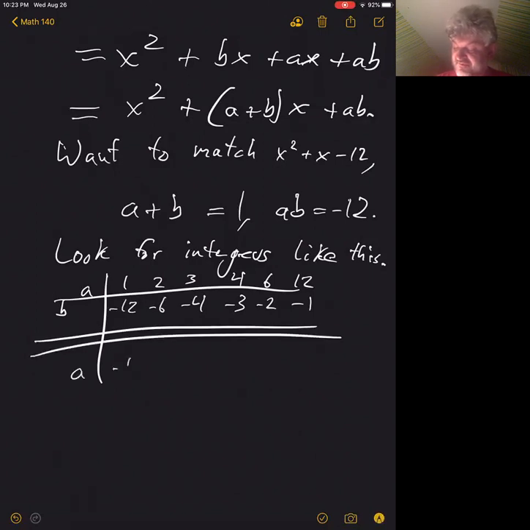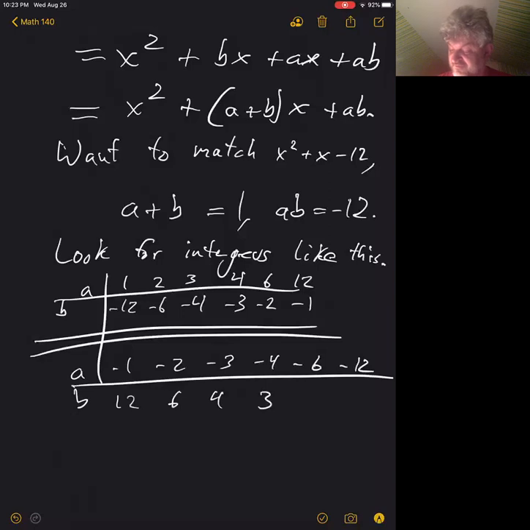If a is -1, -2, etc., then b is 12, 6, 4, 3, 2, 1, because they have to multiply to give -12. That's a total of 6 and 6 is 12 different choices.